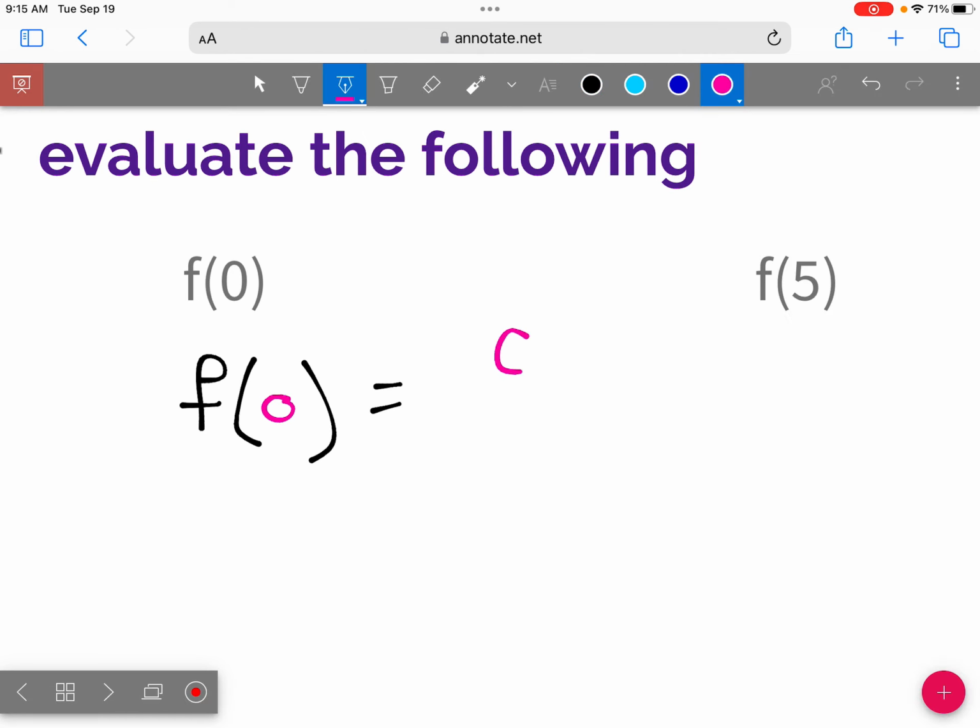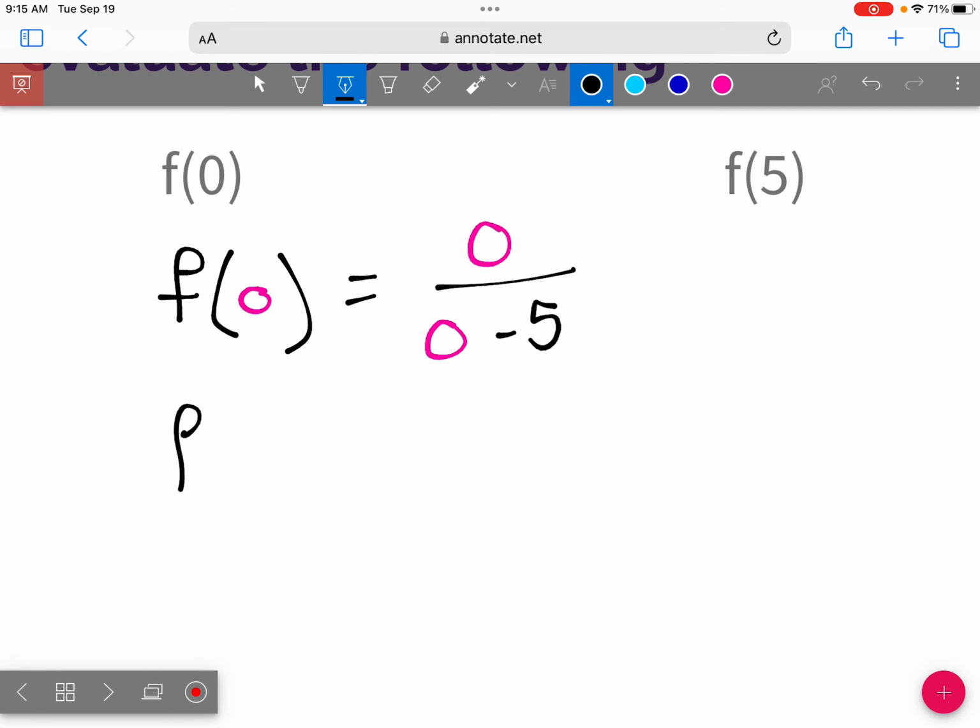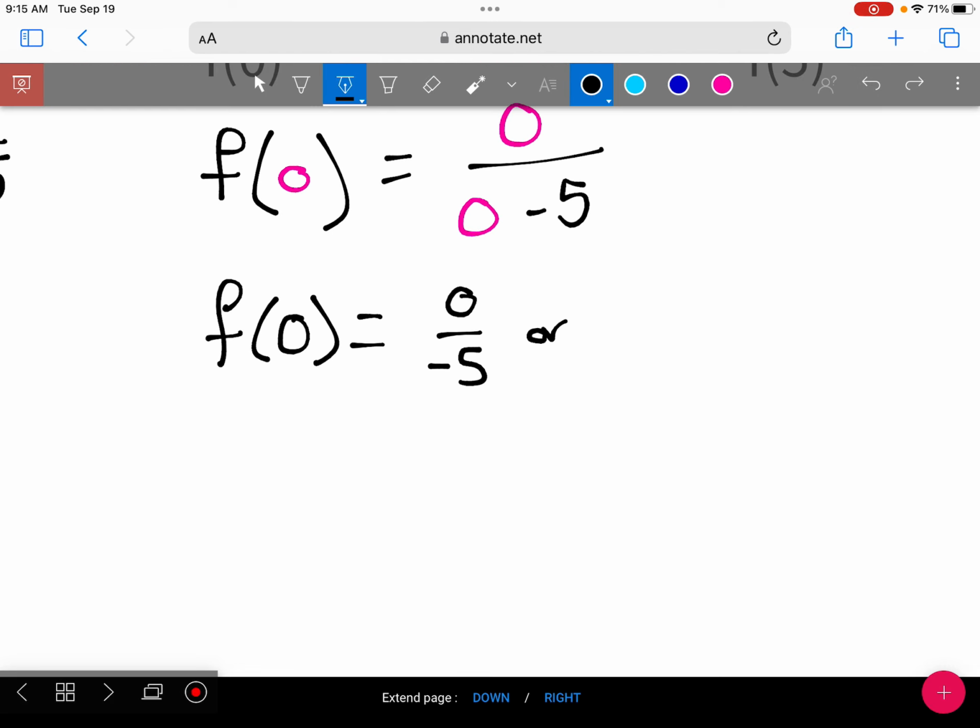So we're going to have 0 over 0 minus 5. So f of 0 is what? 0 over negative 5, which simplifies all the way down to 0. 0 divided by negative 5 means I have no cookies to split among my friends.